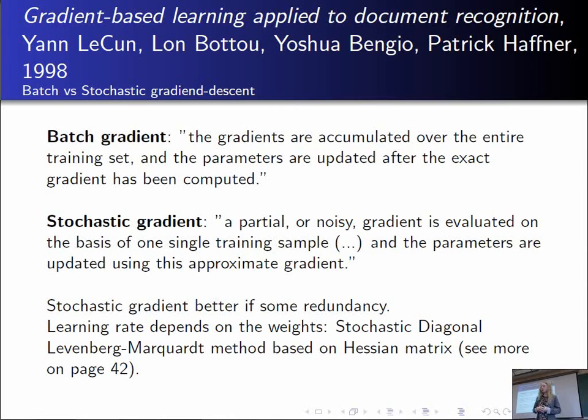Stochastic gradient is better if you have some redundancy, because you don't need to go through all the samples in the training set, but you can limit yourself to some samples and hope that you have some redundancy in your training sample. You have some methods to learn the learning rates, and one is explained in the paper from LeCun, etc.